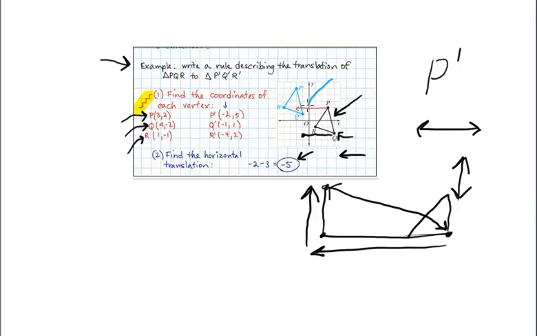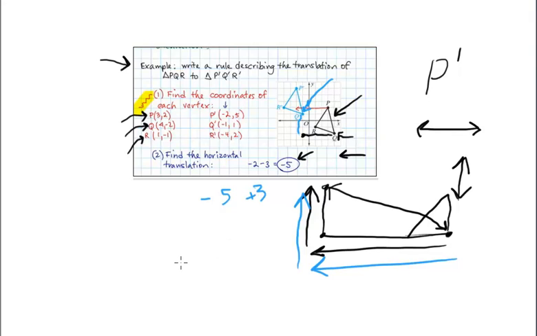Then we moved that Q over 5 to the left, but then we moved the Q up 1, 2, 3 points. So the horizontal translation is -5 because we went 5 units to the left, and the vertical translation is 3 because we went 3 units up, which is a positive number.